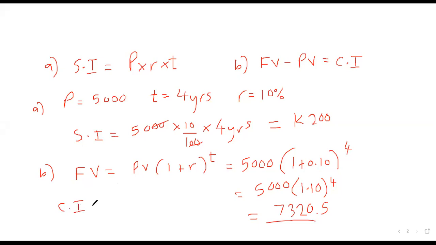So the future value, which is 7320.5 minus the present value, which is 5,000, what do we get? 2320.5. So this is how we find compound interest. To compound is to add interest.